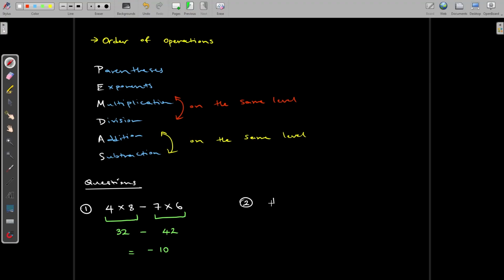So this one now is half times (12 plus 6) minus 4. What do we do first, second, third, and so on? Do the bracket first, then multiplication, then subtraction. So 12 plus 6, that's 18.